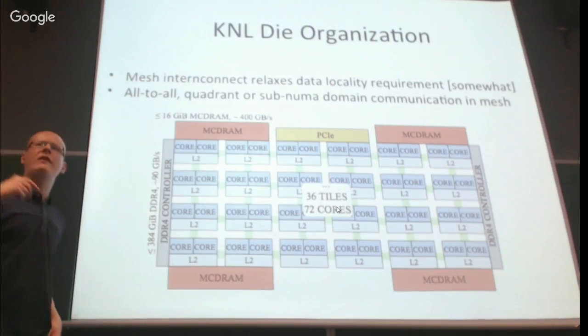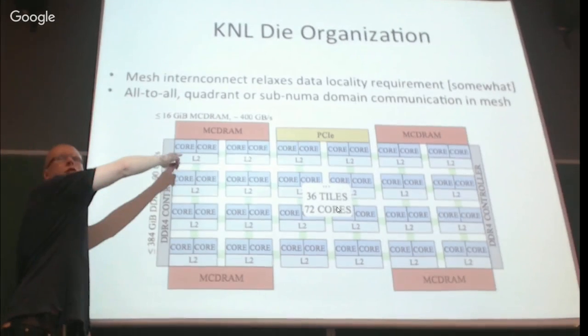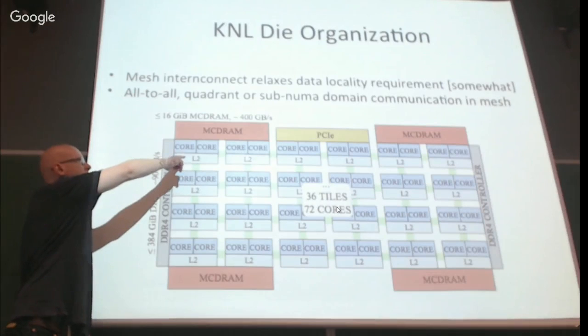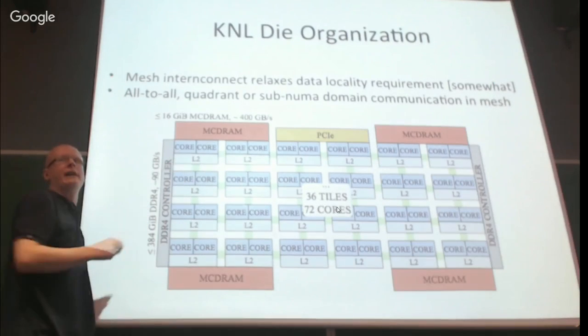So the L2 is no longer private to a core, it's private to a tile. And there are techniques that you can use to increase data reuse among the shared L2 tiles between the 2 cores, because don't forget there's still 4 hardware threads per core on KNL. So you're effectively dealing with 8 hardware threads per tile on the KNL.